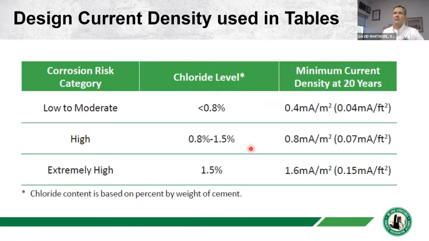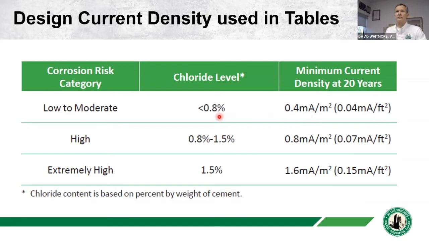Just to summarize what I've said on the last 2 slides, in our standard design tables, the level of chloride in the concrete is the default parameter that we use to select the current density for design purposes.